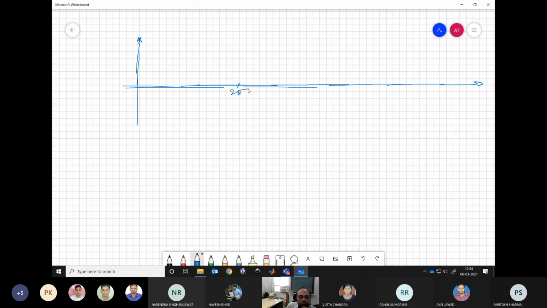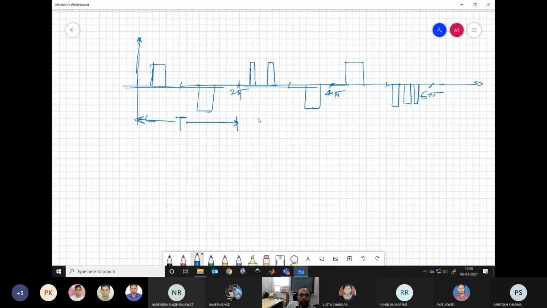So up to here 2 pi, and then again up to here, let's say 4 pi, and then we have 6 pi. So I draw some 2, 3 cycles of this waveform, and once I have something like this, another time I have something like this, and then I have something like this. What is happening is that the waveform is not repeating itself after the designated time period t.